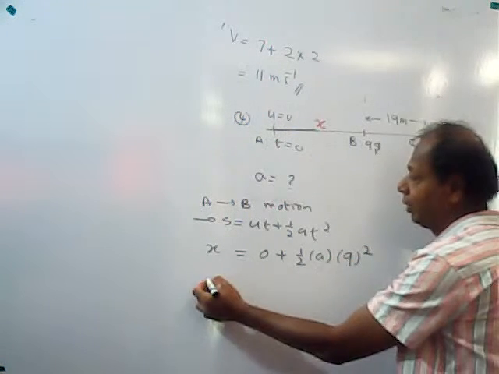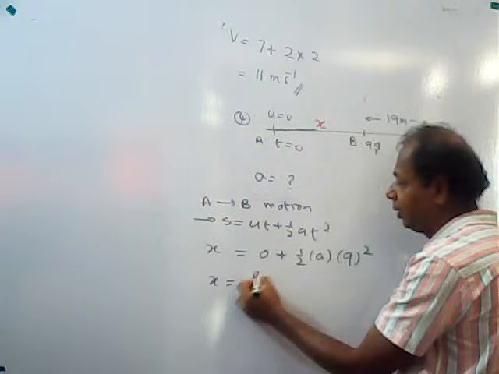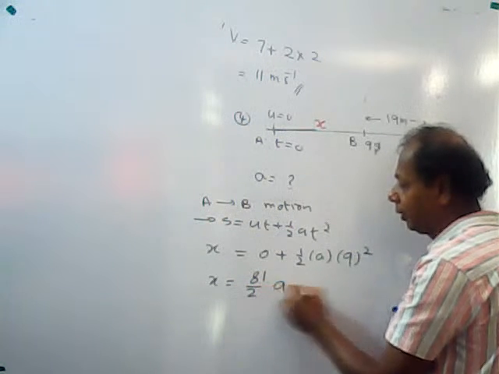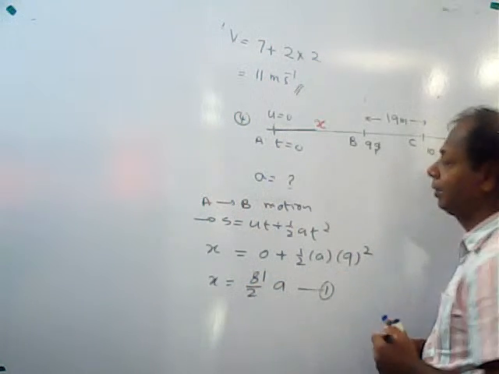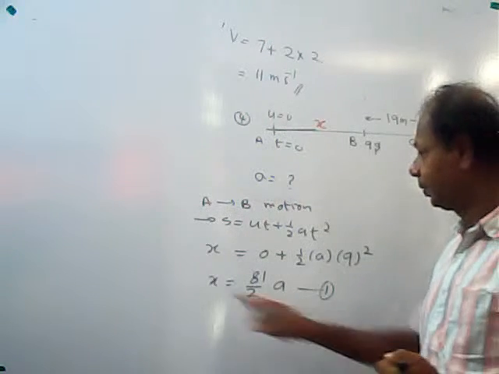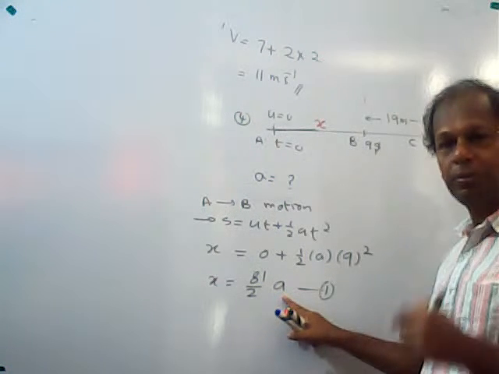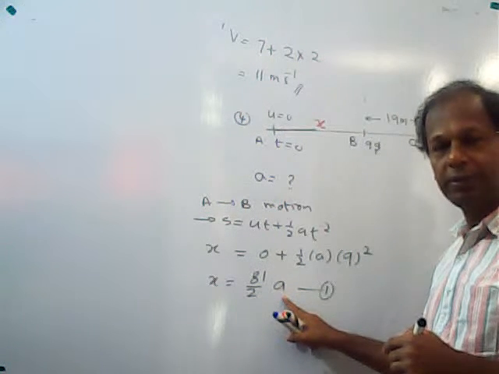So you get x equals 9 square is 81, 81 over 2a. You get an equation like that with two unknowns. X equals 81 over 2a. One equation but two unknowns. That means this is not sufficient.